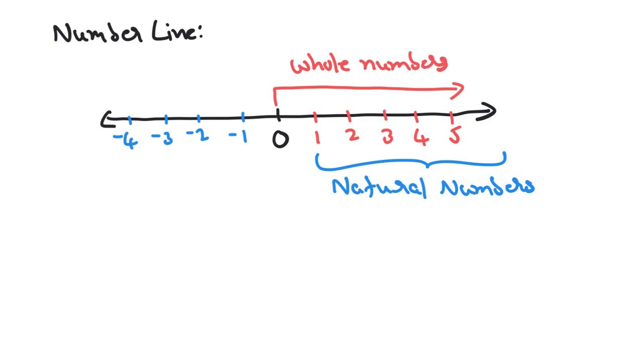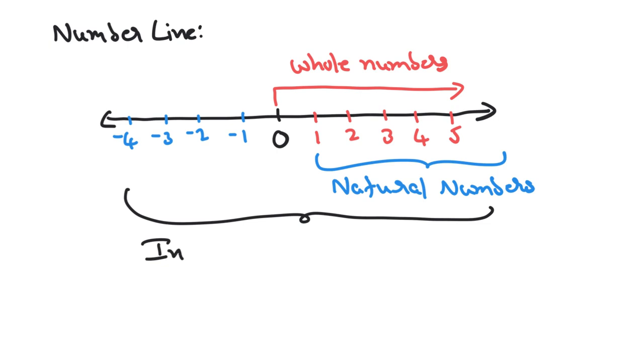And all the numbers that are negative, positive and including 0 are called integers. Some textbooks say whole numbers are also negatives, 0 and positive. But generally, integers are all the negative numbers, 0 and all the positive numbers. 0 is neither positive nor negative.